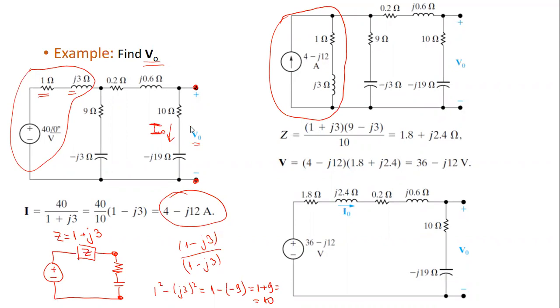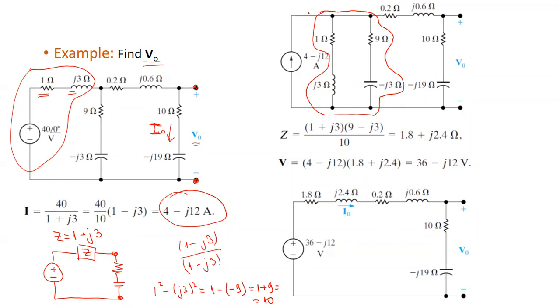Okay. So now the next step, as you see, let me remove this red circle. The next step, as you see, is that we have two impedances connected in parallel with each other. One impedance is 1 plus J3 ohm.